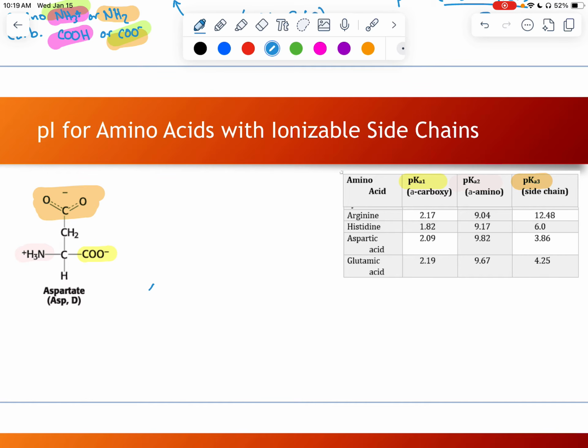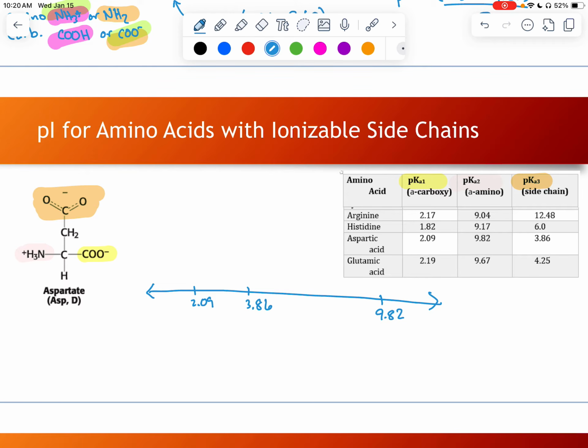So if I think about my options here, I'm going to draw my number line. I'm going to put in my 3 values for aspartic acid: 2.09, 3.86, 9.82. And when I think about this, below the lowest one, they will all be protonated.